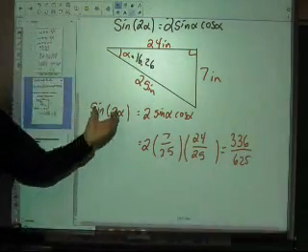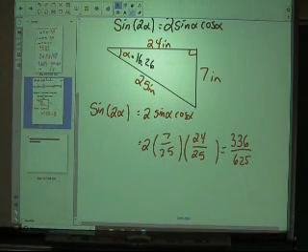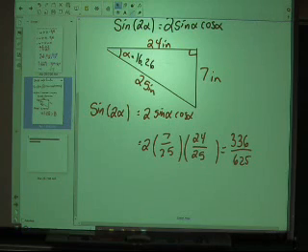So what is the measure of angle 2 alpha? 32.5. You got an answer? 32 point what? 52. 32.52. Can you take the sine of 32.52 degrees? Yes.